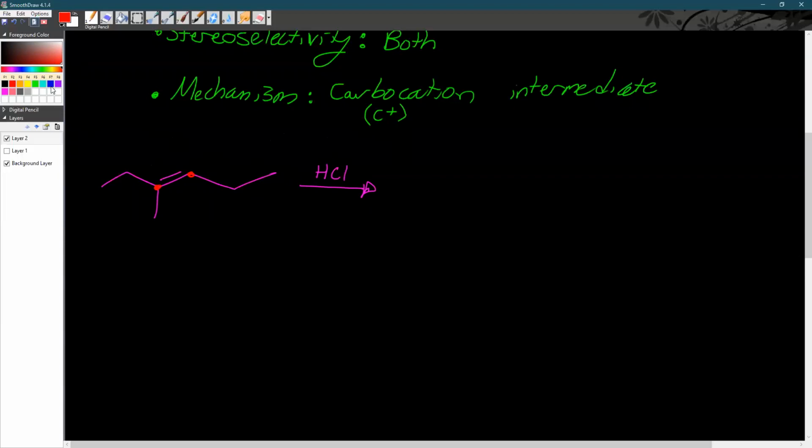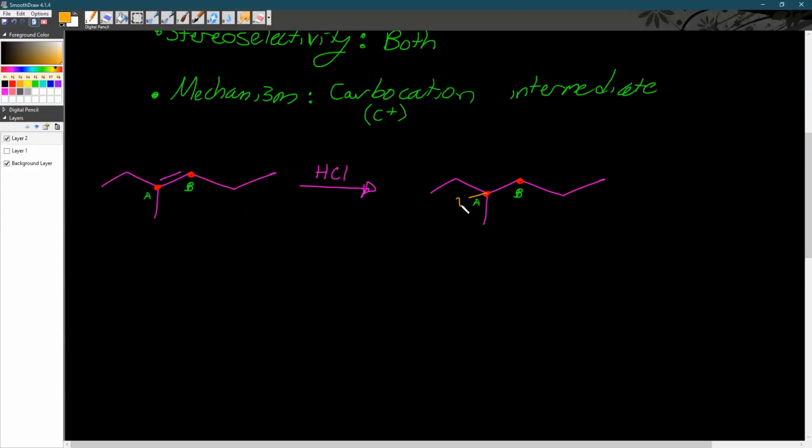Let me label this A and B. I see HCl, and it's a hydrohalogenation reaction. I know this reaction is Markovnikov, so I'm going to degrade my carbon-carbon double bond into a single bond, and I'm going to add my halogen and my hydrogen across the carbon-carbon bond. So where's the halogen going to go?